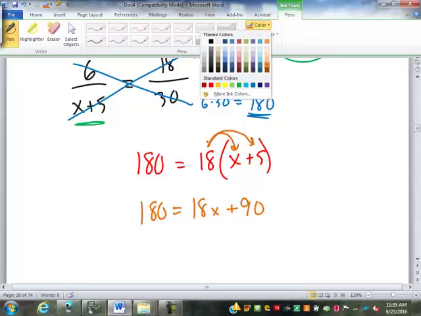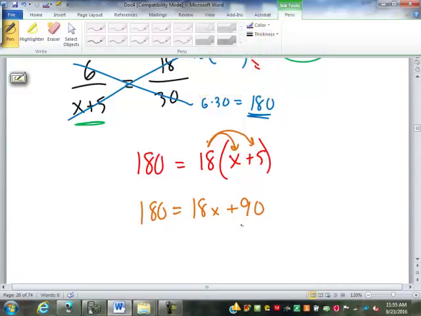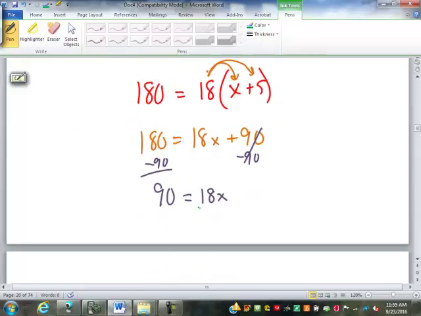And now we can solve. Subtract 90. 180 minus 90 is 90. Equals 18x. And then divide by 18. So 5 equals x.